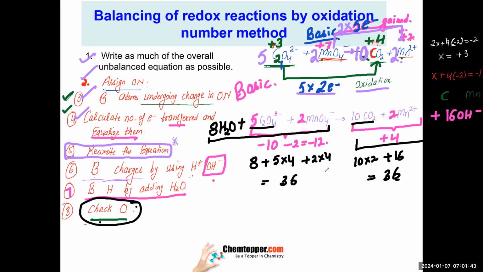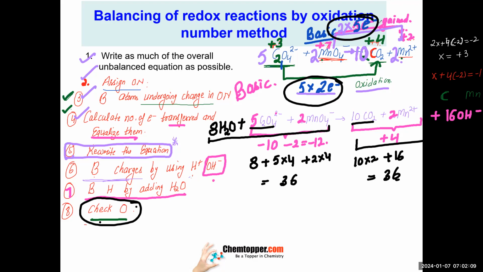So what is the sequence? The sequence is first you write down the unbalanced equation. Check change in oxidation number, assign oxidation number. Calculate the number of electrons which are needed to be transferred. Make them equal the way we did here, 5 times 2, 2 times 5. Make them equal by using some factor.